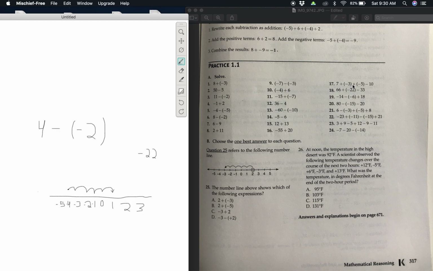So 4 plus -5, we're adding even more negatives to it, makes it -1. Okay, minus 10. Okay, we're adding more negatives now, minus 10. So we have -1, adding a negative. We're minusing an additional 10, which makes it -11. Okay.